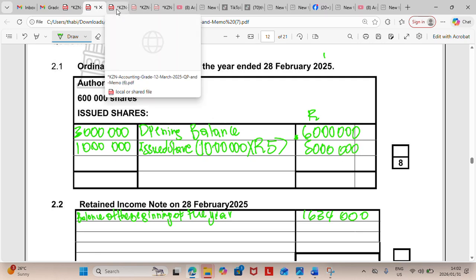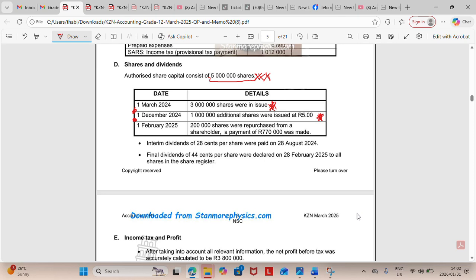Okay, so let's proceed to the additional information as well. On the first day of Feb, 200 shares were repurchased from a shareholder. A payment of 770,000 was made. We are repurchasing shares from our shareholders.